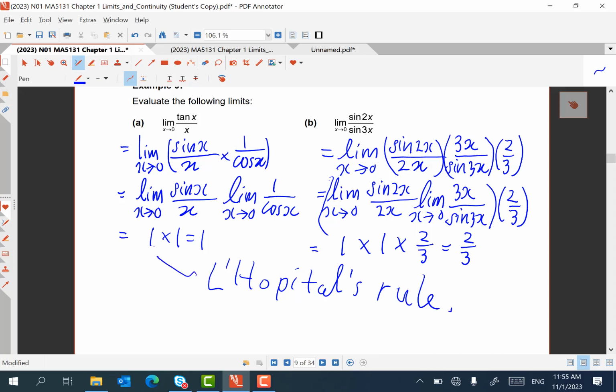That's L'Hopital's rule. Later on, yes. Expand. Yeah, it works.